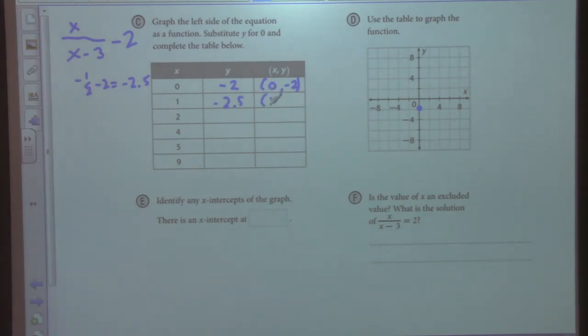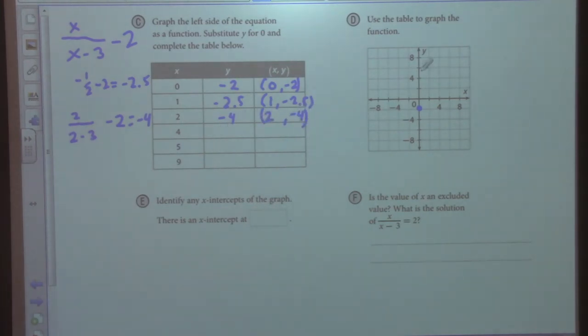So here we have 1 comma negative 2.5. Okay, next if we try 2, if we have 2 over 2 minus 3 minus 2, we get negative 4. So we get 2 comma negative 4 as that.